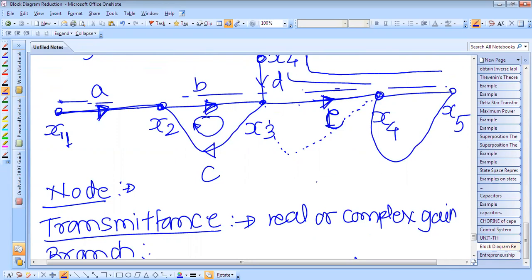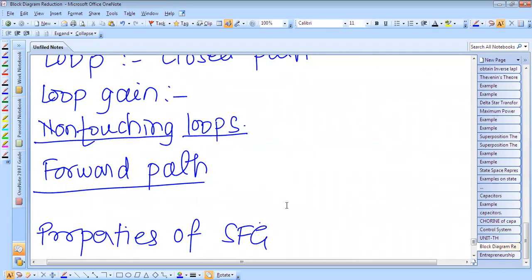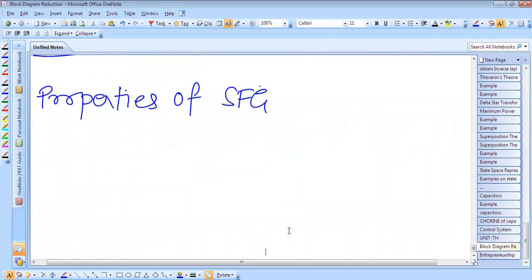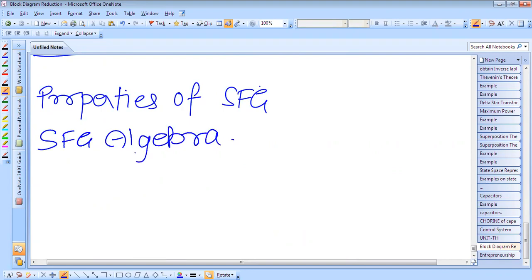Okay. So the next is signal flow graph algebra. The signal flow graph of a linear system can be drawn according to the definitions you have just seen. In doing so, we bring the input node to the left and the output node to the right.